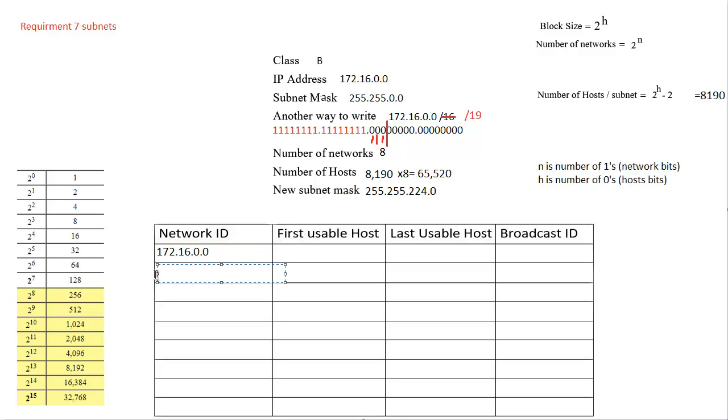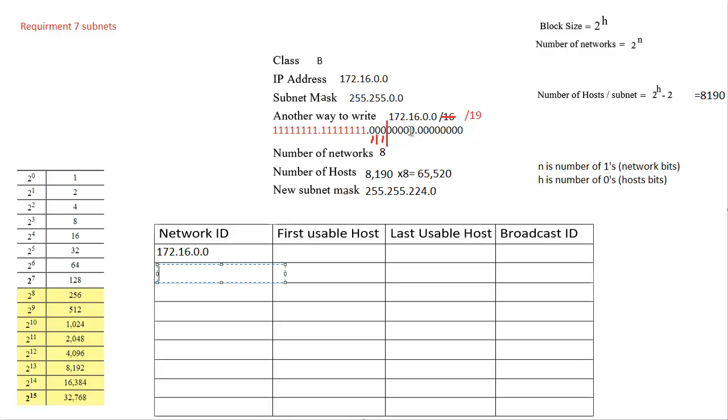For the next network ID, we have to find the block size. The block size is equal to 2 to the power h, and h is equal to the number of zeros. So when we are looking for the block size and the host bits for the block size, we only count the zeros from the third octet, not all zeros.